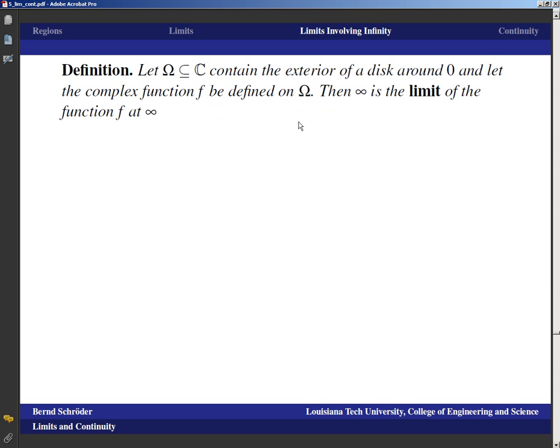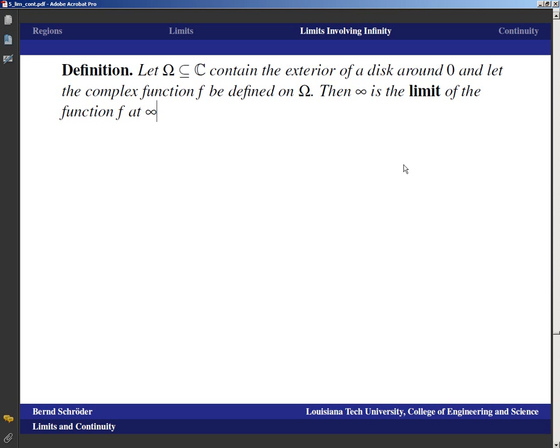That would mean that for large input values, and that's encoded by the at infinity, the output values should also be large. So that should be if and only if for every epsilon greater than 0, there is a delta greater than 0, so that when z absolute value is greater than 1 over delta, large input value, we have that f of z absolute value is greater than 1 over epsilon, large output value.